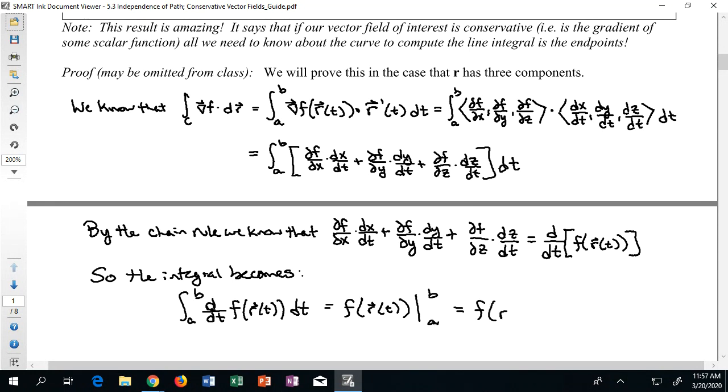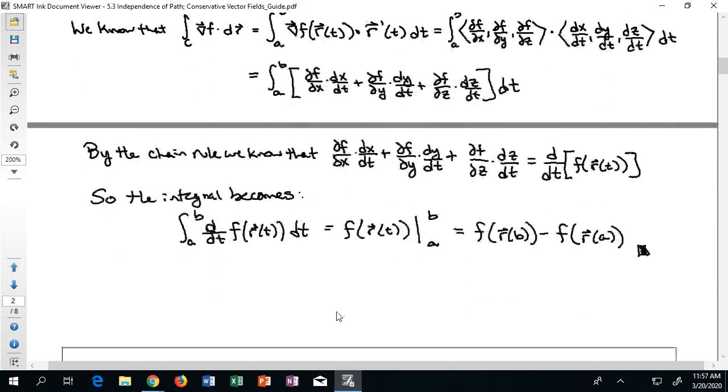And so I get f of r of b minus f of r of a. And I have it. Now, there's a little bit of an abuse of notation going on here. Ultimately, we're thinking about this f of r of t as a function which maps a real number t to some other real number. And so we can treat this like a regular Calc 1 function that we could use the fundamental theorem of calculus on.